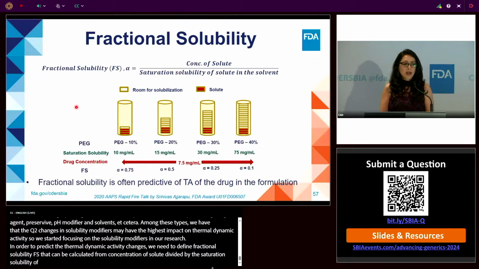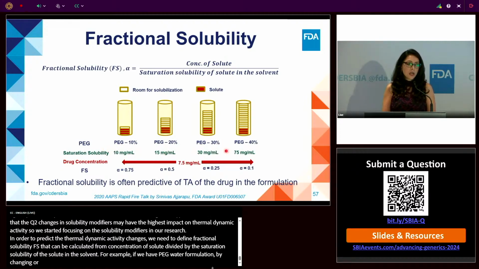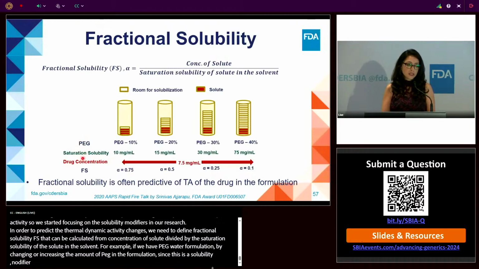For example, if we have PEG water formulations, by increasing the amount of PEG in the formulation, since it is a solubility modifier, the solubility of the drug of interest most likely would increase. Here in this example, the saturation solubility of this drug has increased by increasing PEG concentration.